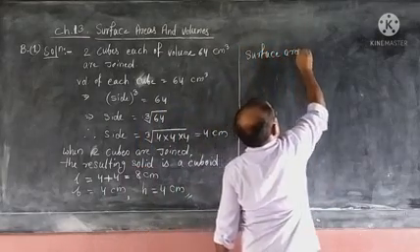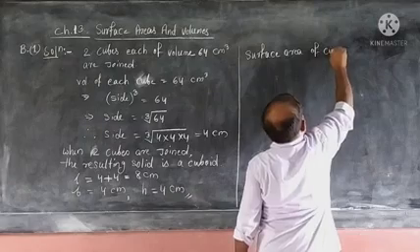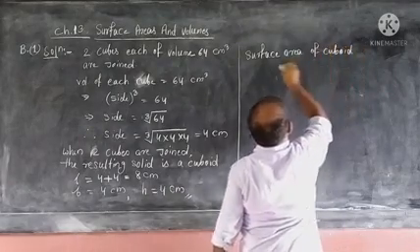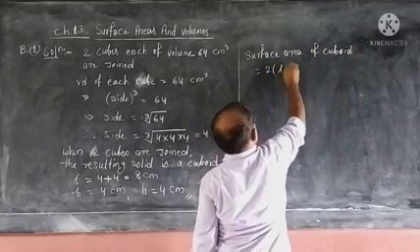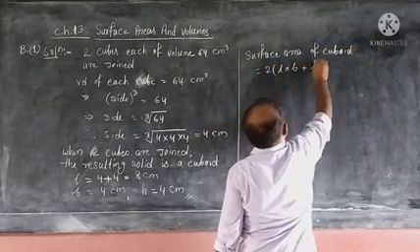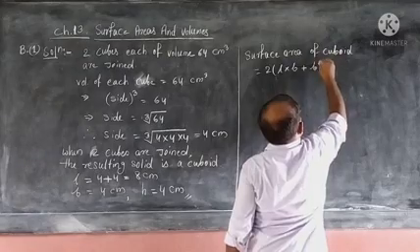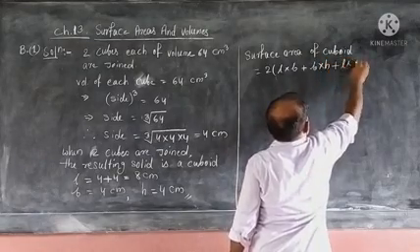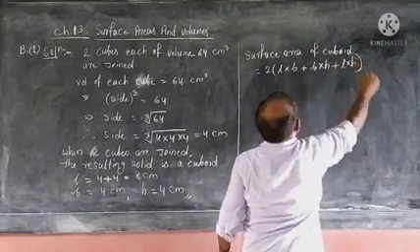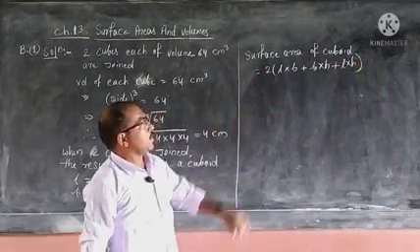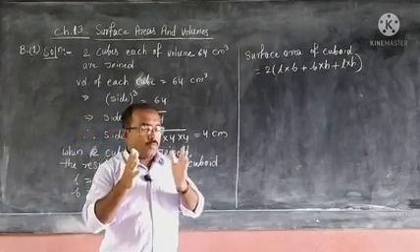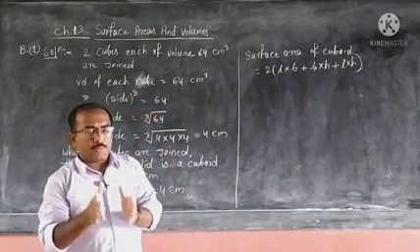Surface area of the cuboid: the resulting solid is a cuboid, so it is 2 into (length into breadth plus breadth into height plus length into height). We are already well acquainted with the shape of a cuboid.